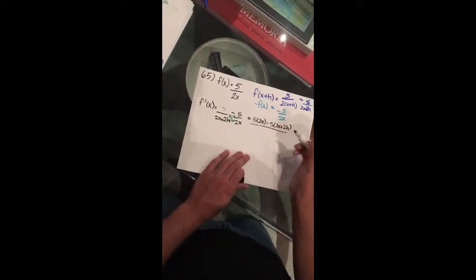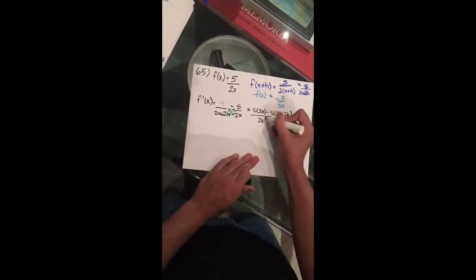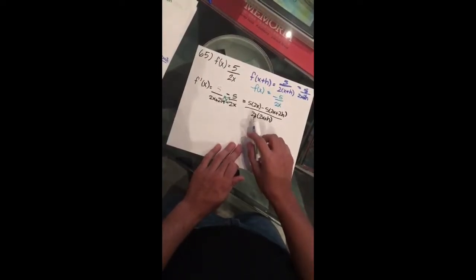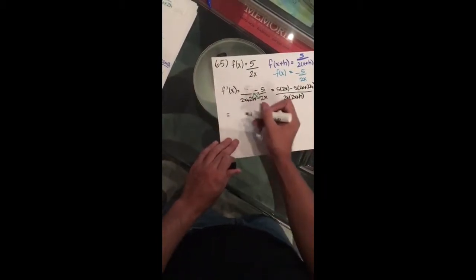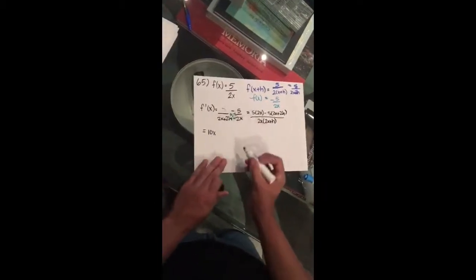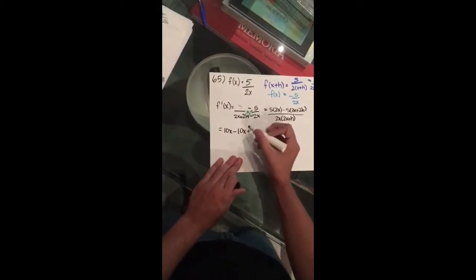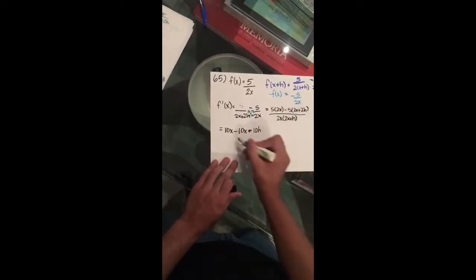And in the bottom, what we do is multiply these two, 2x plus h. Here we notice that we can have a square of this one that we're going to do later on. So then it goes like this, minus 10x plus, no, it's minus 10h.